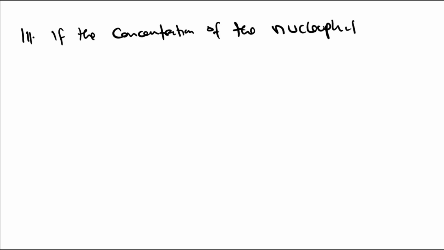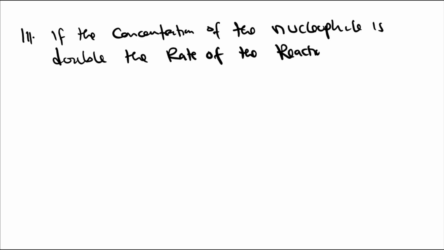So number 3, if the concentration of the nucleophile is doubled, the rate of the reaction also doubles. That's how it happens. Okay, so in an SN2, if the concentration of a nucleophile is doubled, the rate of the reaction also doubles.